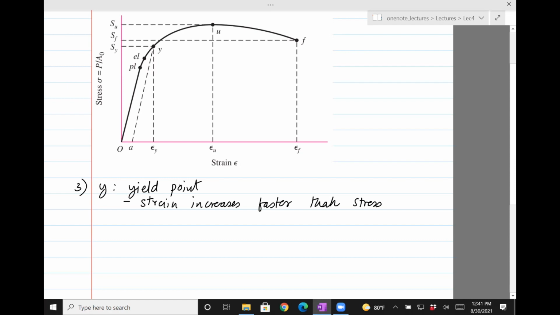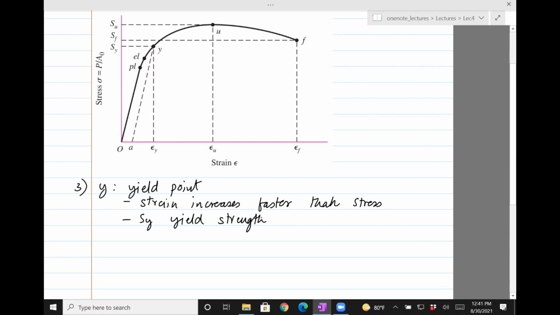As you reach point Y, you see the slope decreases, and that just indicates that the strain is increasing much faster than the stress. Sy is called the yield strength, which is the often reported measure on most materials. So you can picture it on that plot then once you have it.